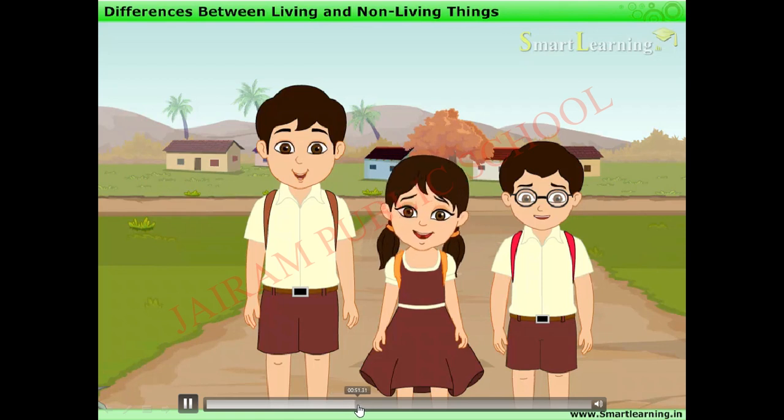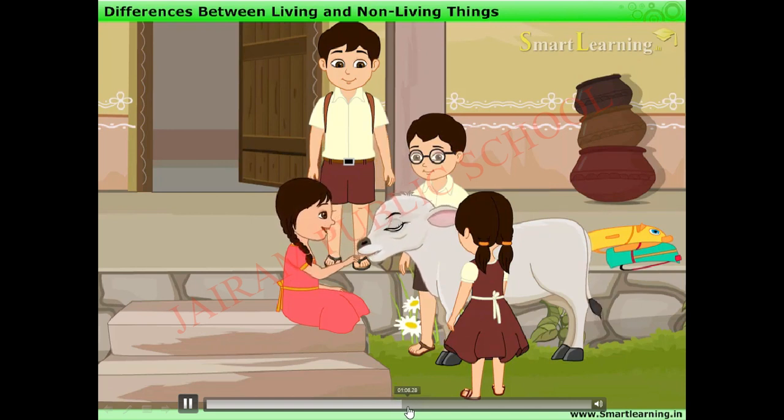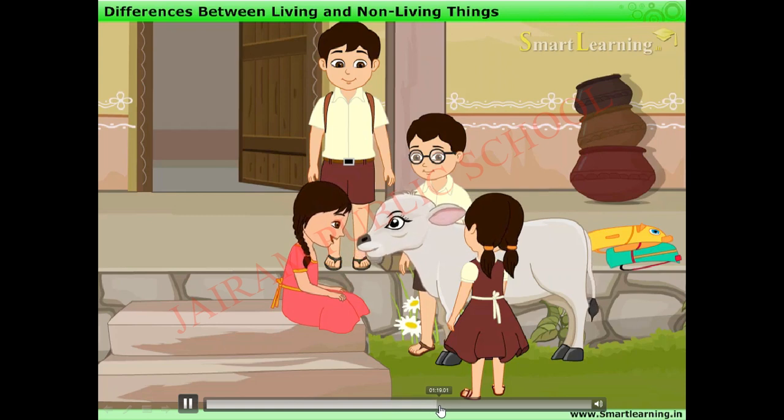She goes ahead and gently touches its chest. She feels the up and down movements of the chest muscles of the calf and tells Chintu that she can feel its breathing movement. Listening to this, Chintu tells Pinky that breathing is one of the characteristics of living things, while non-living things do not breathe.